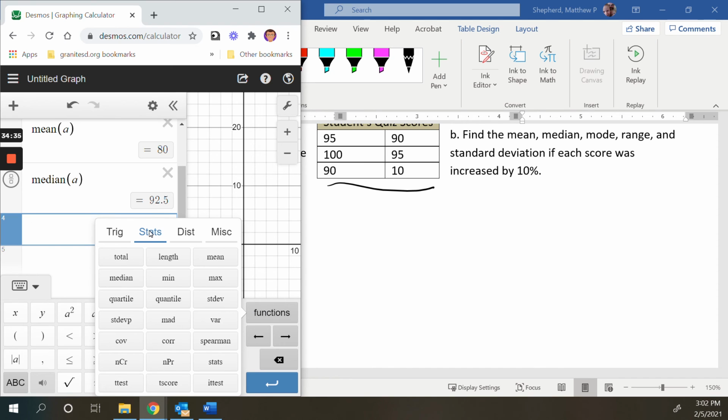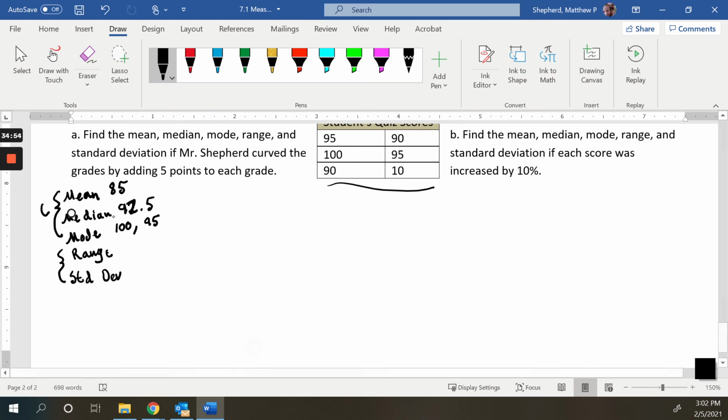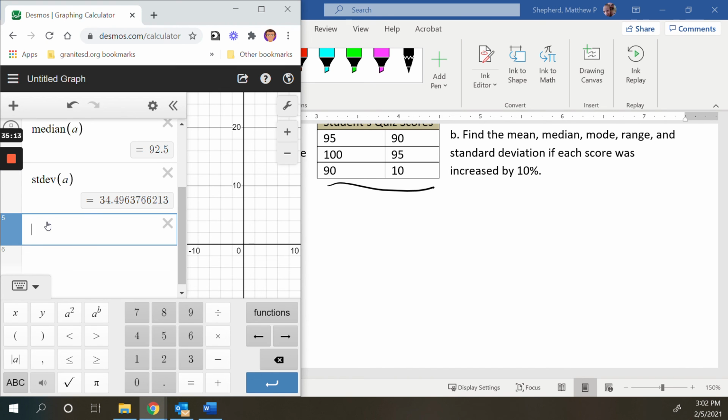I'd click on stats, and so one thing I know I want is the standard deviation. So let's find the standard deviation of A. Notice how much easier that was than what I did in the previous step. So about 34.49. Well, we added 5 to all of those. Doesn't matter. 34.5. Standard deviation, even after we add them. Remember, we just moved all the numbers higher, but they're still the same distance apart. Okay, so the standard deviation wouldn't change.